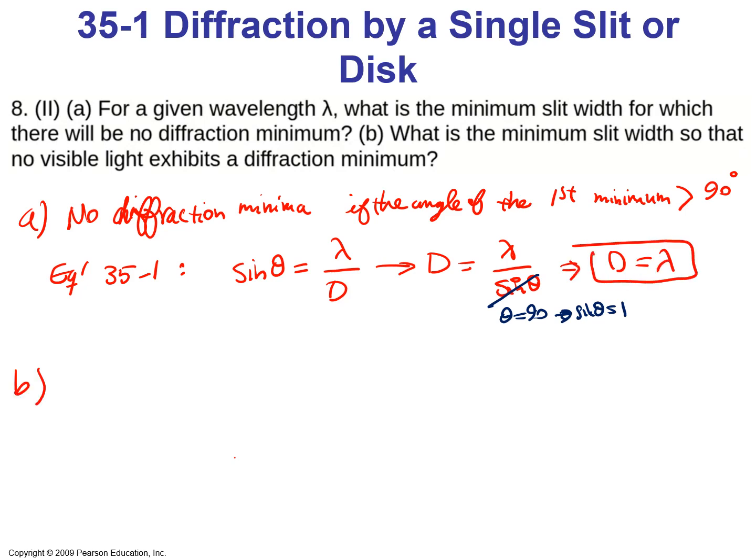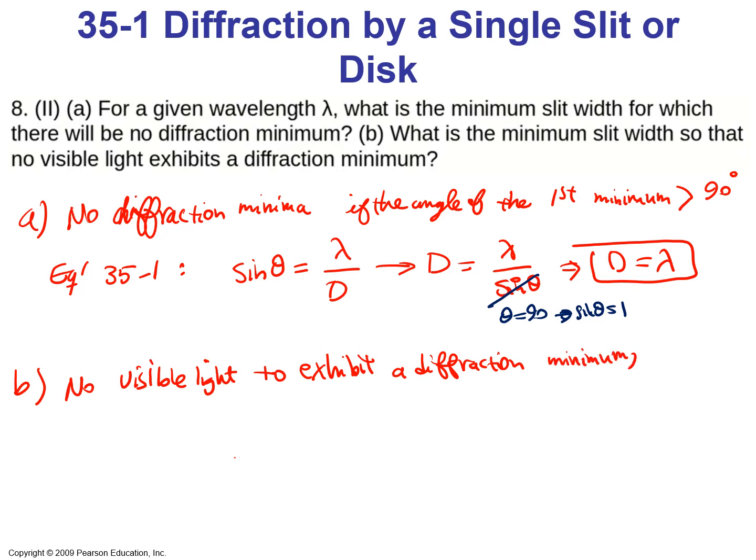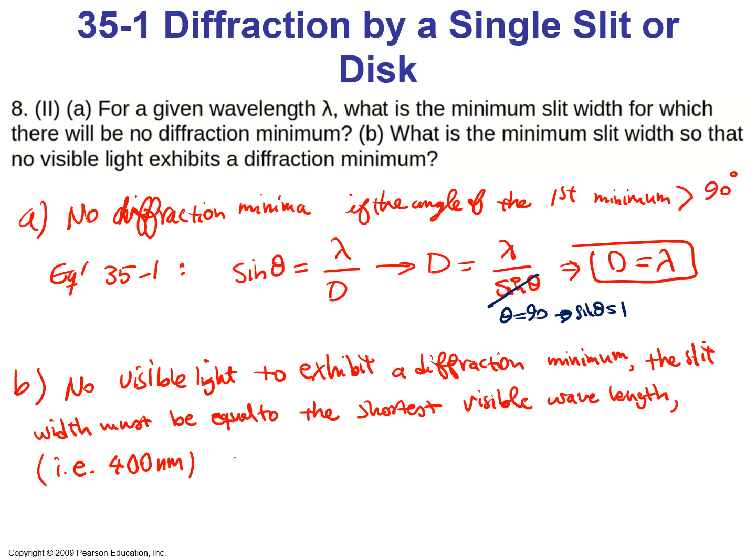For part B, if we want no visible light to exhibit a diffraction minimum, the slit width must be equal to the shortest visible wavelength. And the shortest visible wavelength is 400 nanometers. So d is equal to lambda minimum, and that is equal to 400 nanometers.